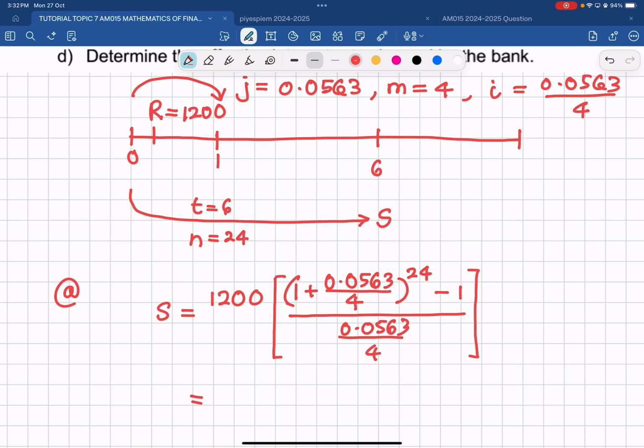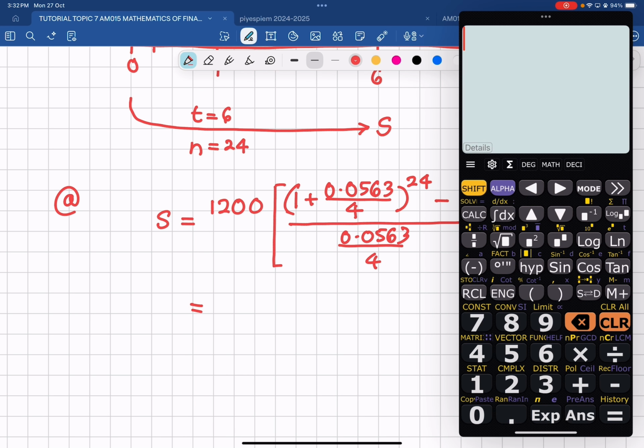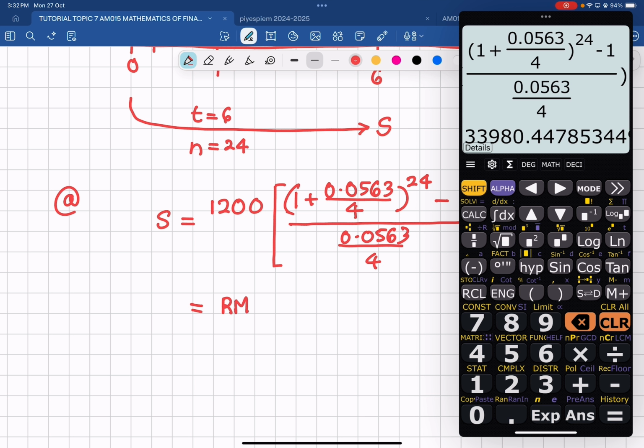Okay, press the calculator. What is the value for your future value annuity? Dapat berapa? RM how much? 33,980.45.